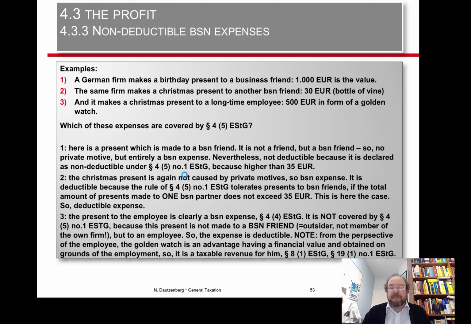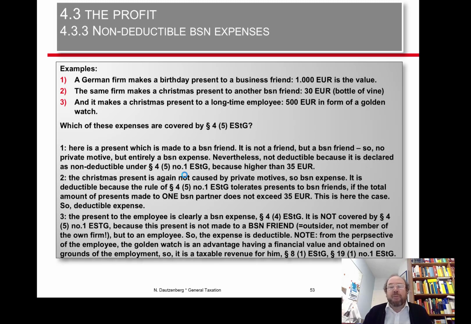So deductible. Christmas present to a long-time employee, €500 in form of a golden watch. Here, surprise, ladies and gentlemen. Presents to business friends are non-deductible. An employee is an employee and not a business partner. You don't give a present for business reasons for a business occasion.